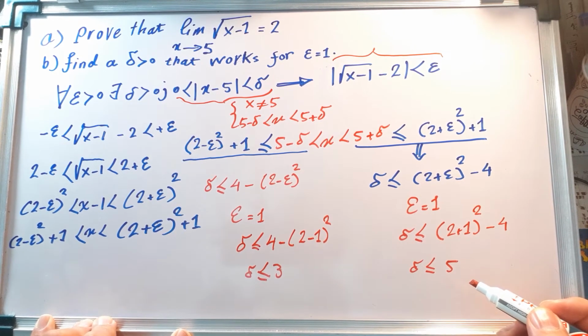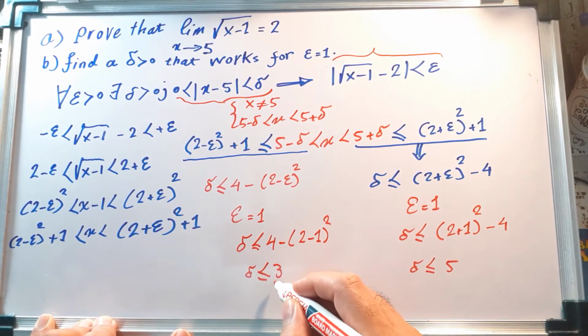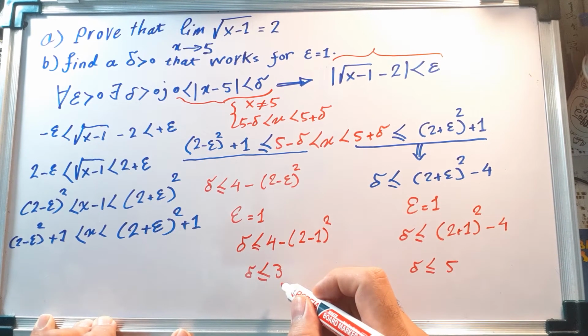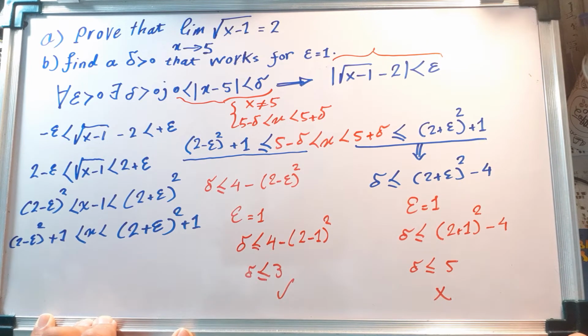Which one should we select? This one, because we should select the minimum delta. Okay?